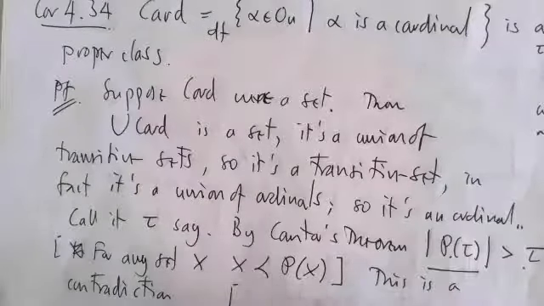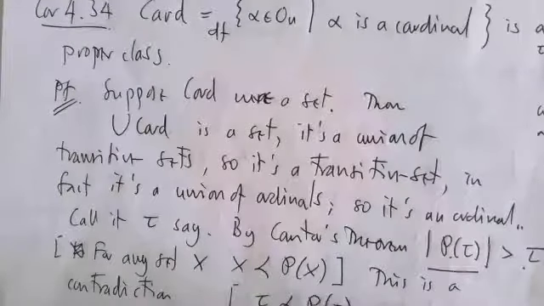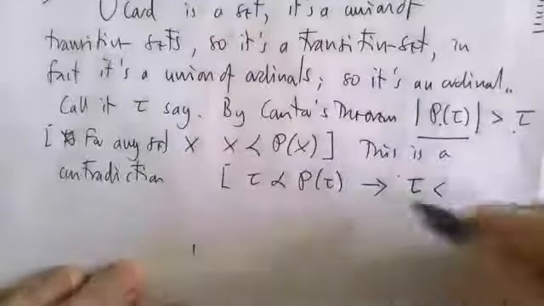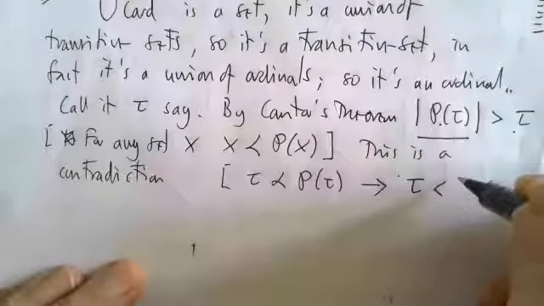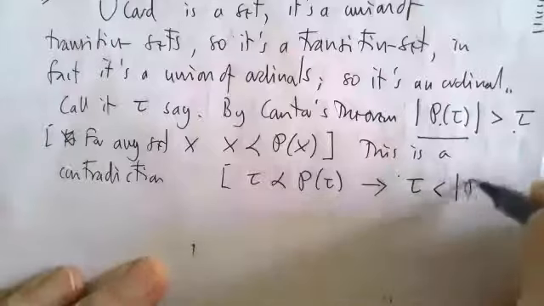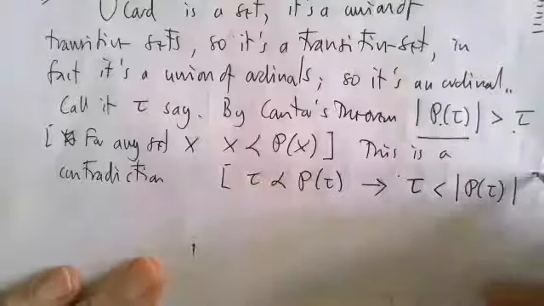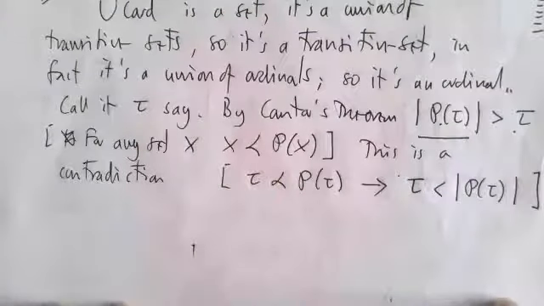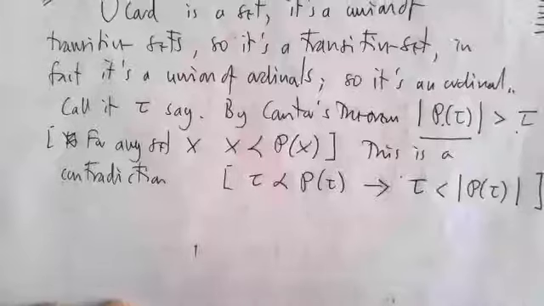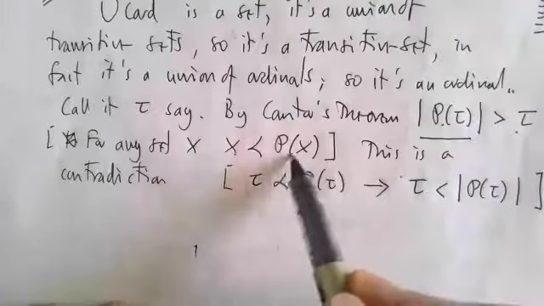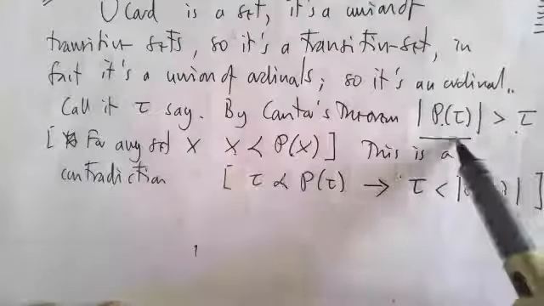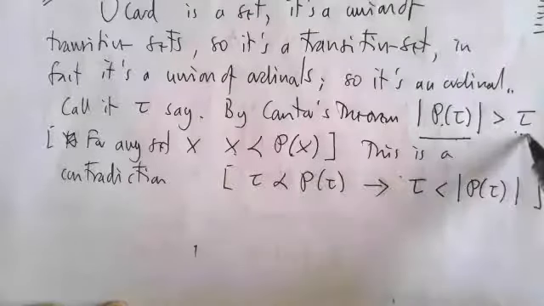I suppose if I say a bit more here, what we've got is tau is injective into the power set of tau. So that implies that tau is less than its power set's cardinality. So perhaps officially Cantor's theorem says this, and I'm using this consequence of Cantor's theorem here.